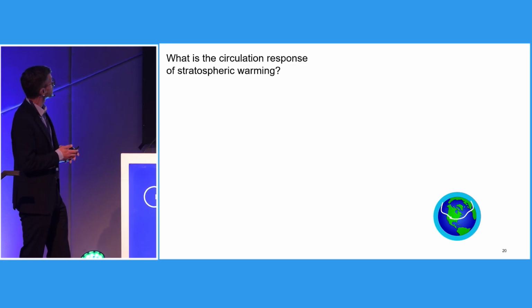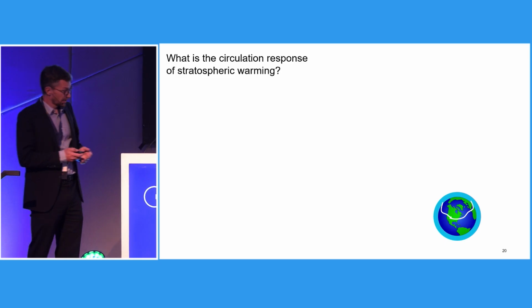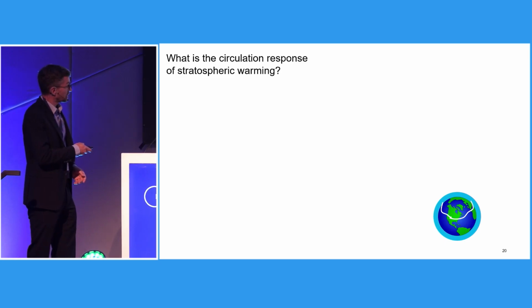Why is it important? Because it creates a circulation response. What you can see here is the polar jet in the northern hemisphere, and it's rather straight here. And it can also be wobbly, like here.